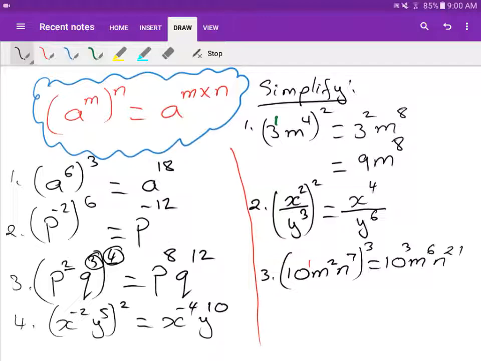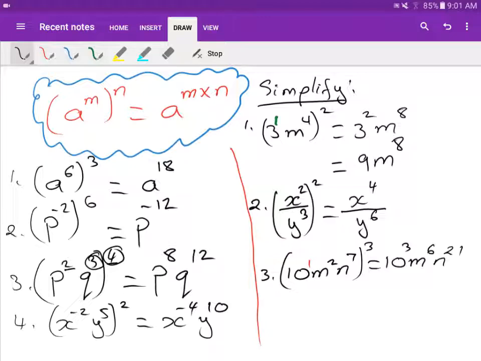Okay, just remember, for those who do not know your timetable, which you should know by now, if you're not, just use a calculator. So you go 1 times 3 is 3. 3 times 2 is 6, m power 6 for this, and for n, 7 times 3, 21, so n power 21. But we need to tidy up with the 10 power 3. Okay, it says simplify.